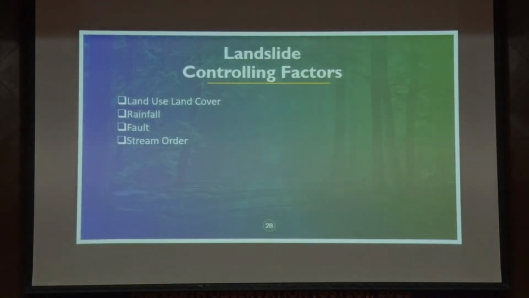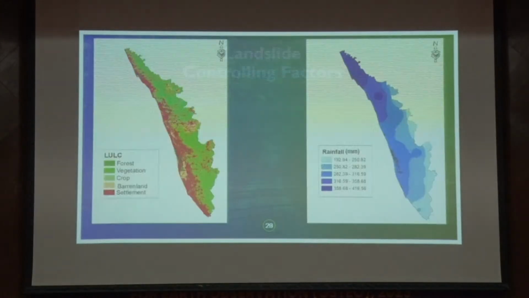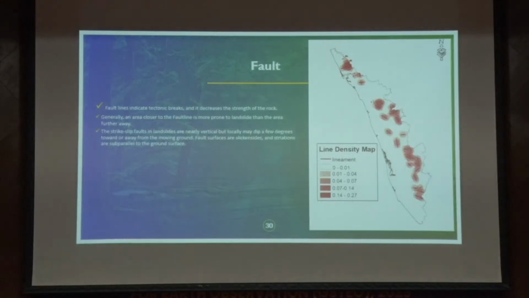These are the landslide controlling factors. This is the LULC and rainfall map. This is the fault map, and this fault map is collected from Shear Zone and Crustal Block of Southern India, Volume 2.